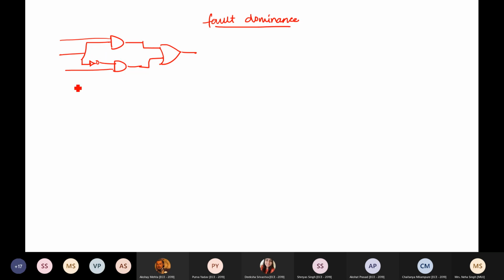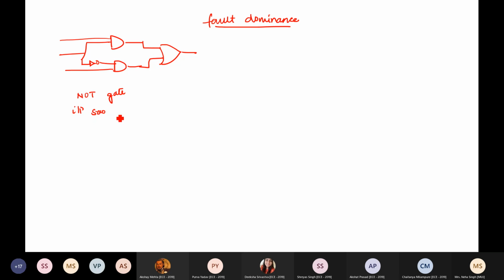In such cases, do not directly start working with the circuit. Instead, first write that for a NOT gate, the input stuck at NOT gate के लिए तो कोई dominant होता ही नहीं है.